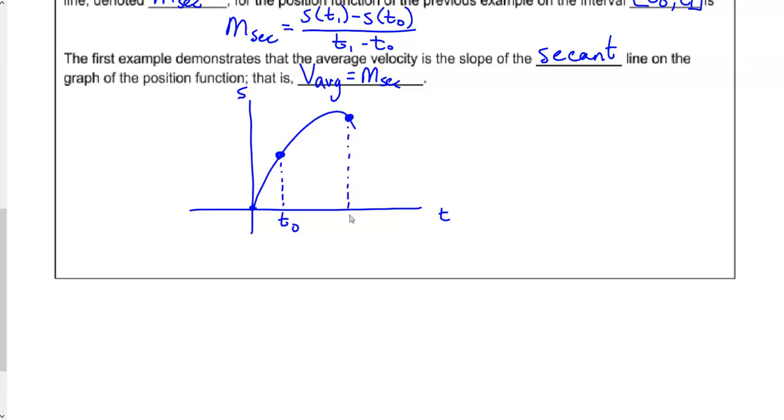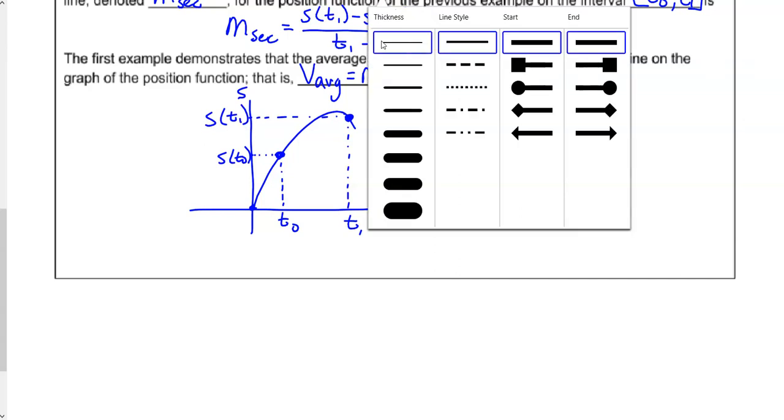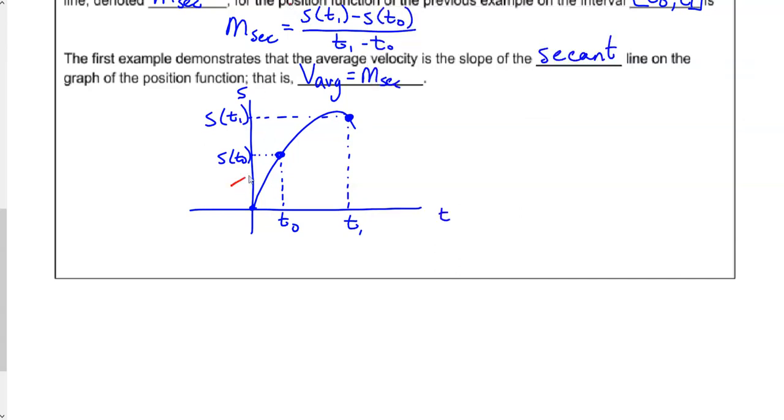I'm going to call this my other point, or my other time, t sub 1. Likewise, if this is my time over here, this is s of t0, like I'm plugging it into my function, kicking out that number. Likewise here, plugging that into my function, this distance over here on the y-axis is s of t sub 1. So if I create the line connecting those 2 points, then I have something that looks like that.